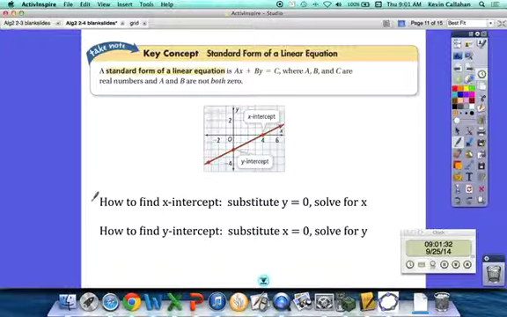So it's not like one disconnected thing that we're asking you to memorize. It's something that actually relates to everything else that we do from now on. When you say find an intercept, you should know, okay, plug in the other variable as 0 and solve. And you'll see why when we do the example, when a line is in standard form, it's very easy to do. Very, very, very easy.